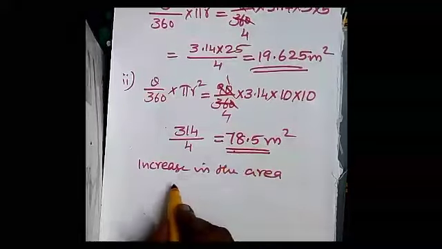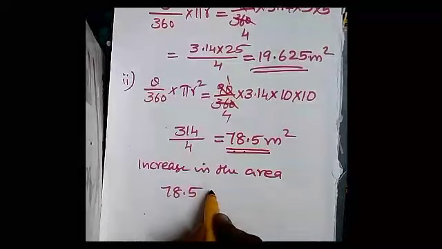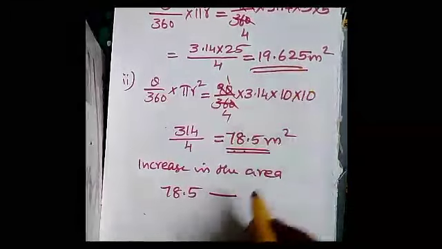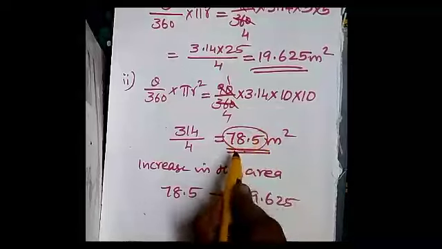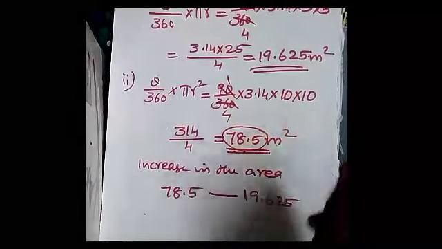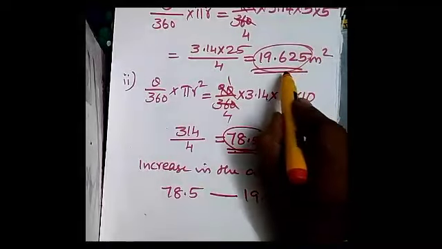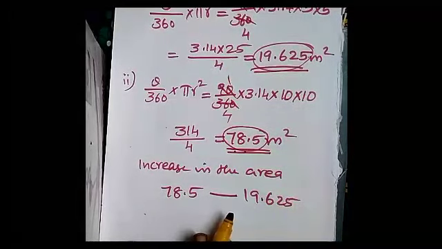The total area here is 78.5 meter square minus the area 19.625. That is, the area if the length of the rope is 10 meters minus the area if the length of the rope is 5 meters. That we are doing subtraction.